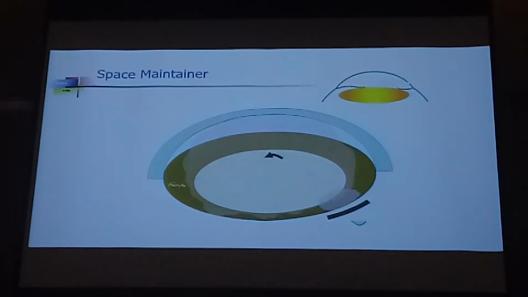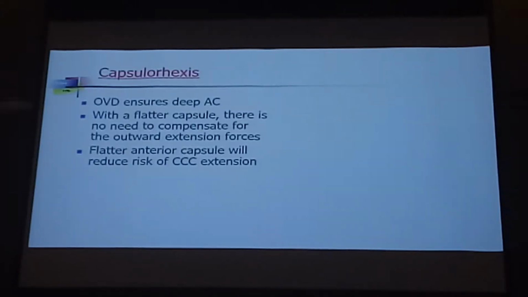You need to depress it so that it's almost flat, but don't overdo it, because if you overdo it, some of the cohesive will just escape out and the whole thing comes out in one block and then you're back to square one. The dispersives are better, they stay inside, but they maintain the AC not as strongly as the cohesive. So for capsulorhexis, OVD ensures a deep anterior chamber.